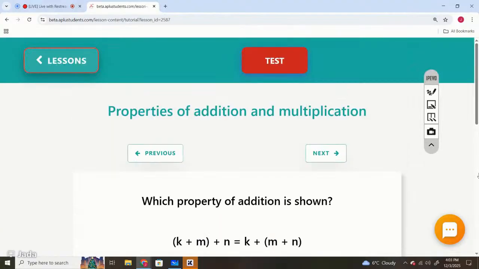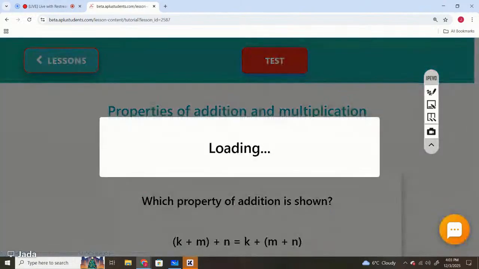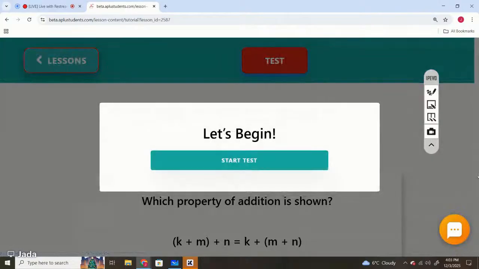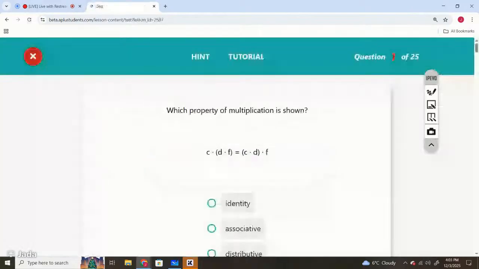Let's just start with the test questions. Which property of multiplication is shown?